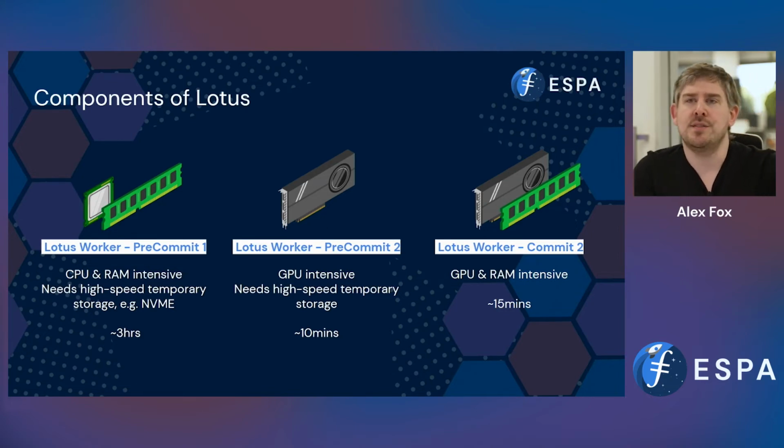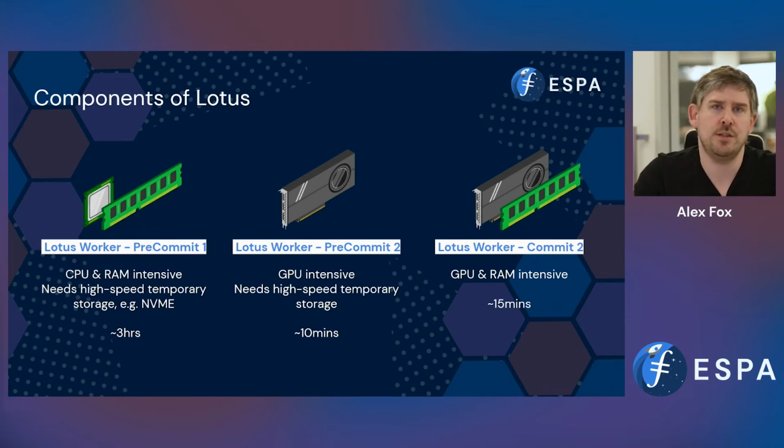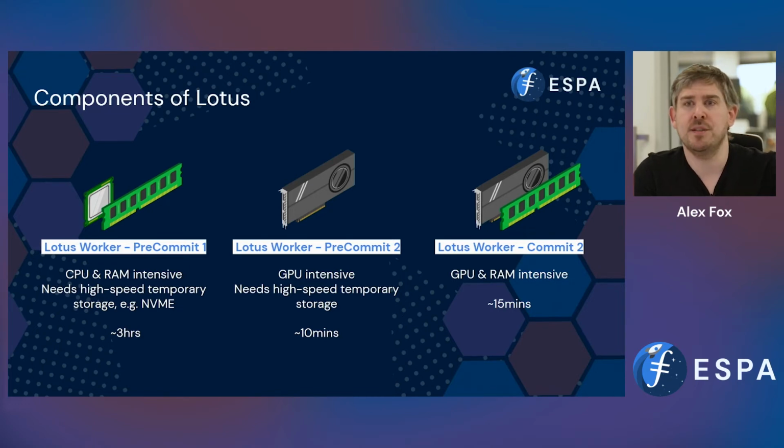But it does use the same storage space temporarily, same kind of NVMe required there, and it uses a graphics card as well to speed up the proofs on that card. Usually quite a powerful graphics card. We're looking at cards designed for workstations or data center use. Generally, it's discouraged to use gaming cards in data center settings, various reasons.